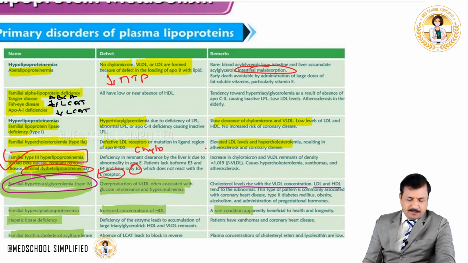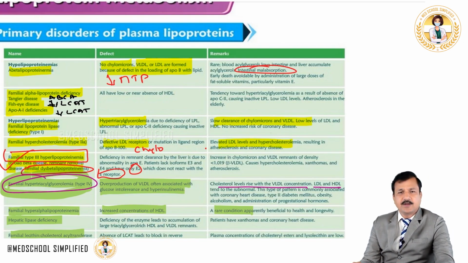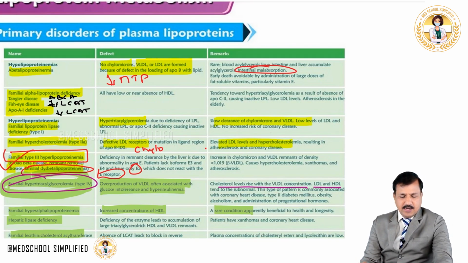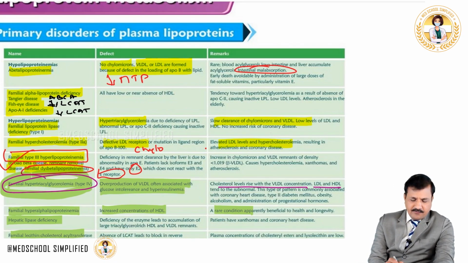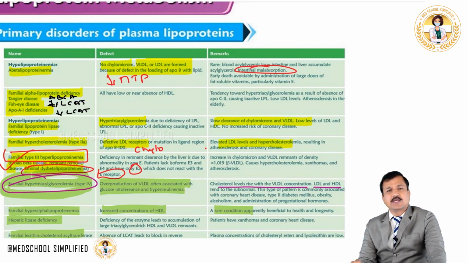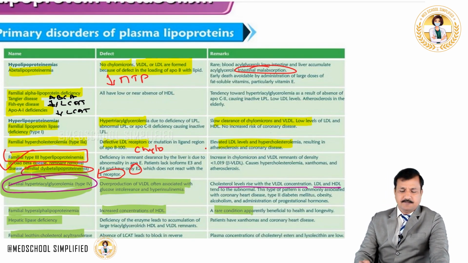Type 3 is referred to as remnant removal disease or familial dysbetalipoproteinemia, and type 4 is familial hypertriacylglycerolemia, which is a lifestyle associated disorder. And then we have familial hyperalpha lipoproteinemia, hepatic lipase deficiency, and LCAT deficiency.